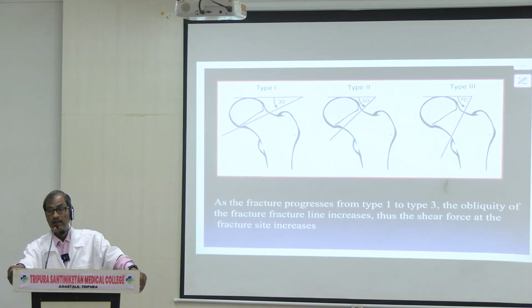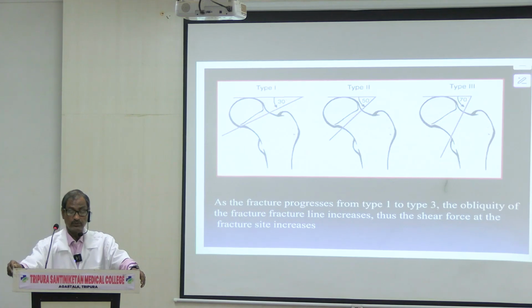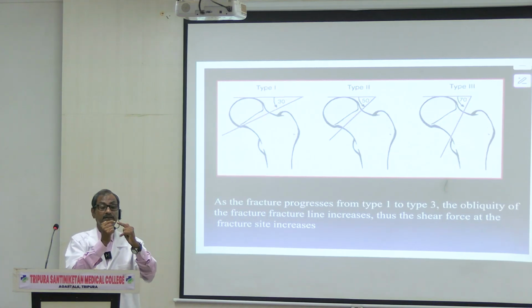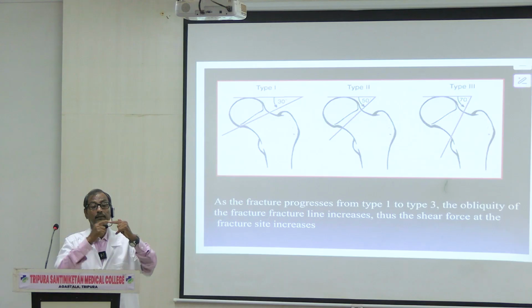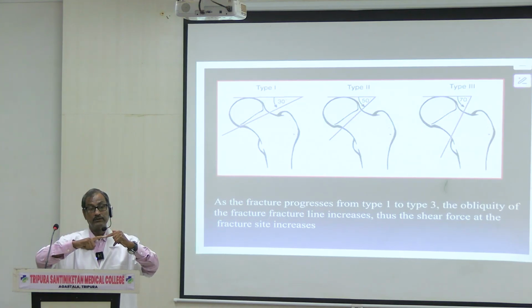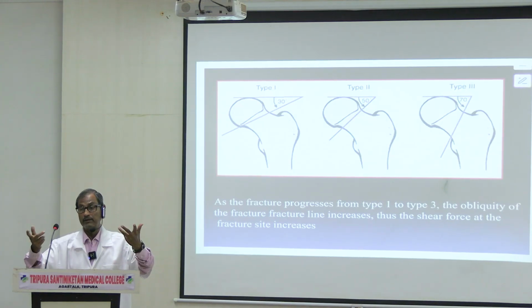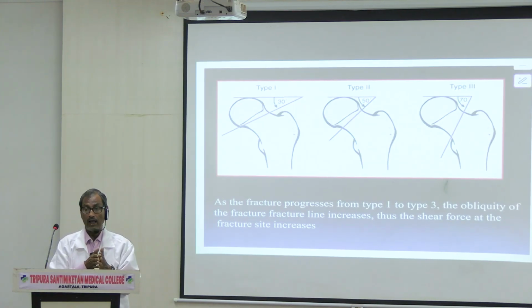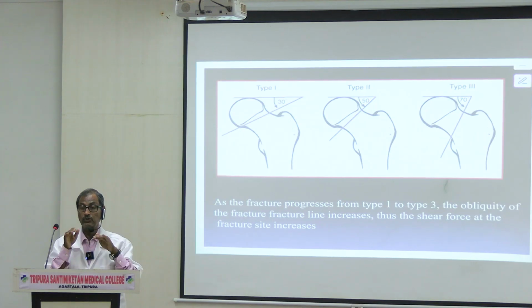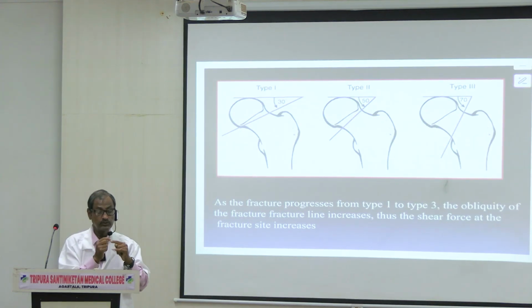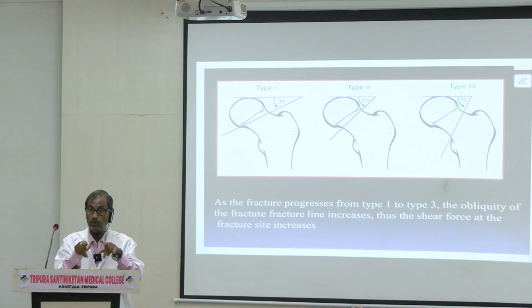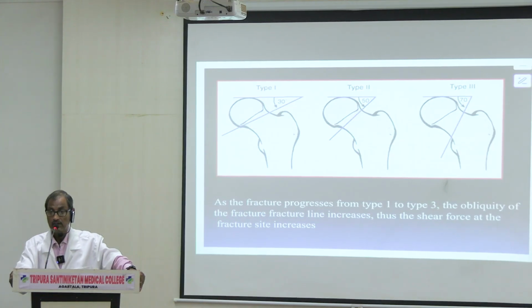The second thing is good apposition. When there is a fracture, there is displacement, and you have to make the fragments unite in a good position. If one part is here and one part is there, it will not unite, because apposition is very important for osteoblasts to go from one end to the other through blood vessels.